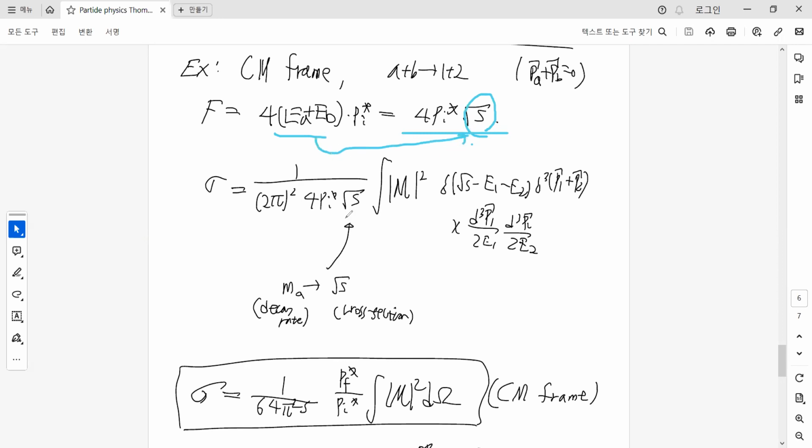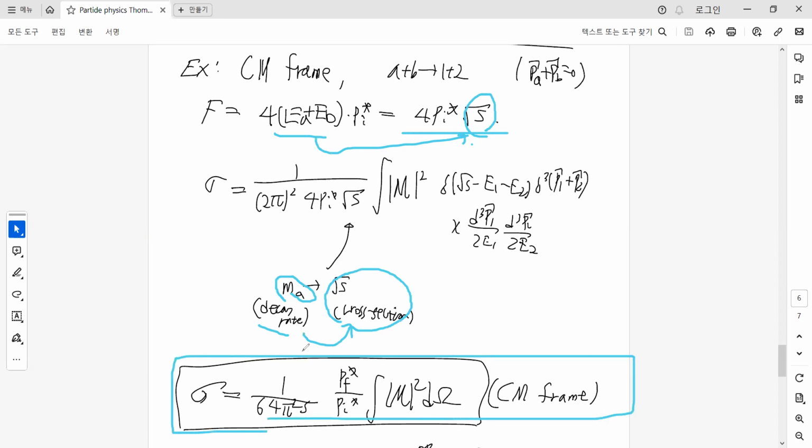So the difference is that the mass of the initial particle in the decay rate is replaced by the center of mass energy root S in the cross section. So in the same frame, the cross sections are given like that. It just changes from M_A to root S.